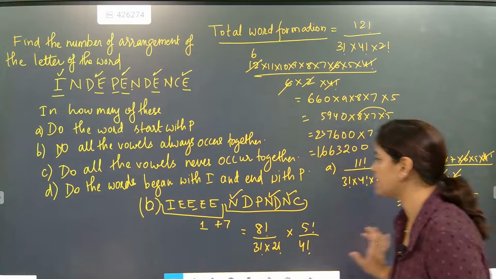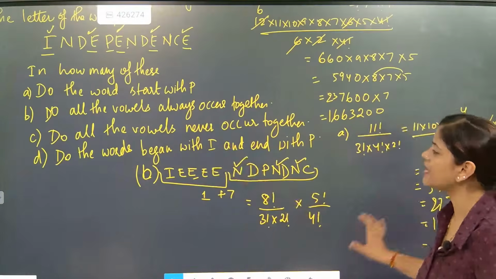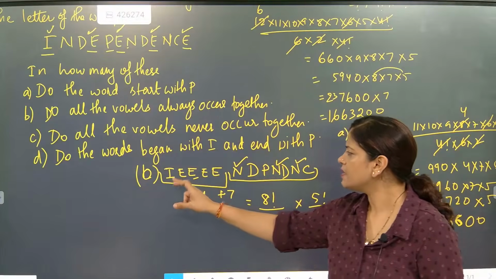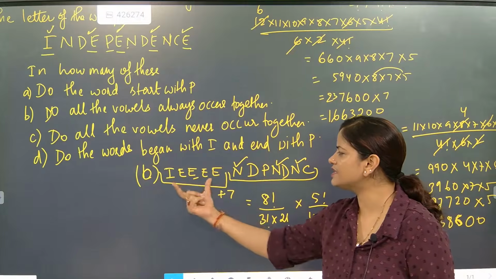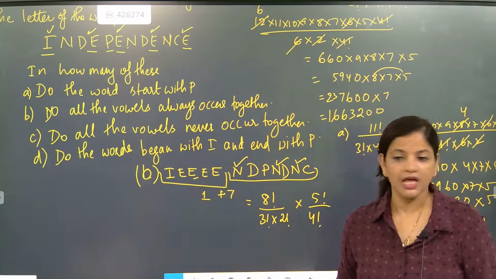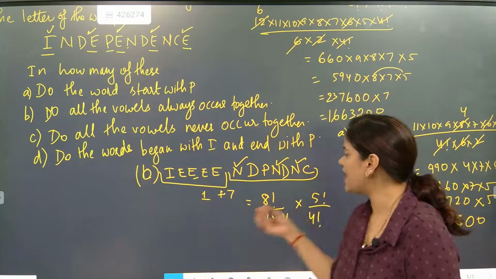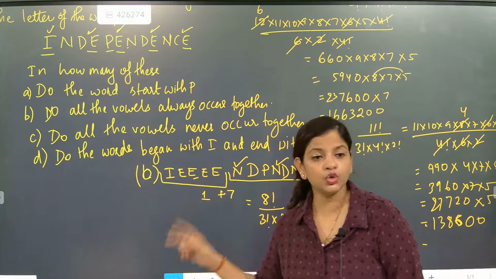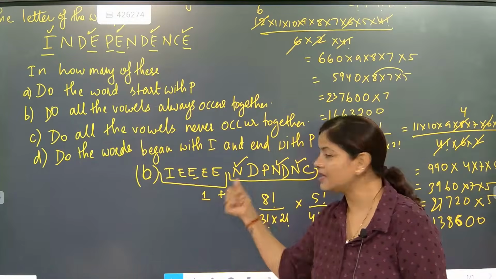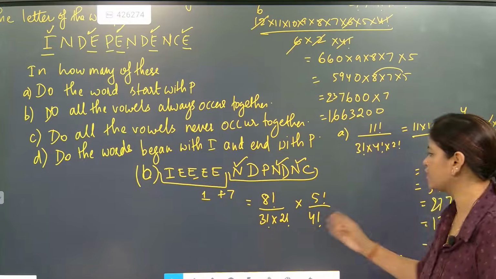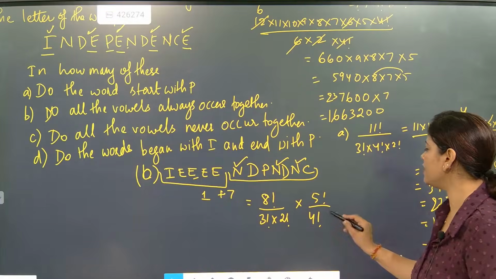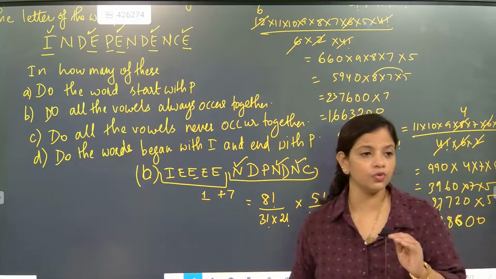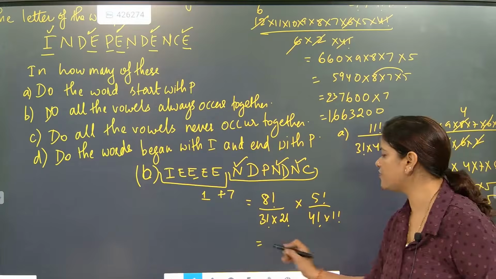Please remember this: if 5 different letters were there, directly 5 factorial you write. But here, 5 letters with 4 the same E, so 4 factorial comes down. These things are very, very important to note.